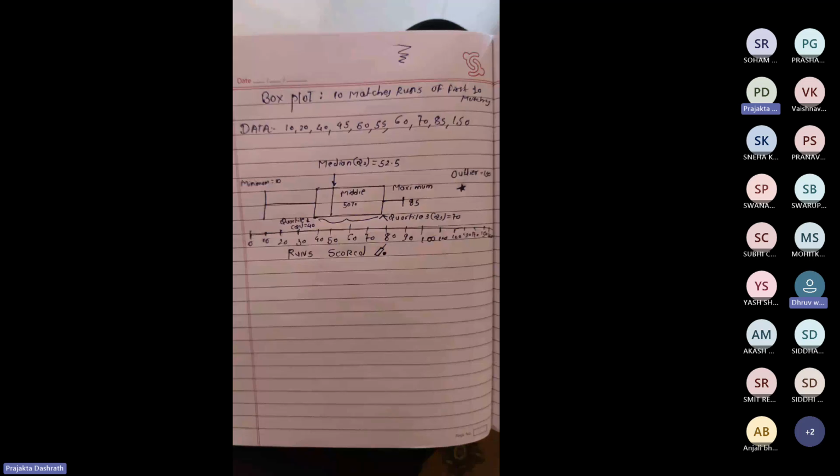So the conclusion is that there is consistency between 40 and 70 runs, and in case of luck and depending on the pitch, the runs can reach 150.